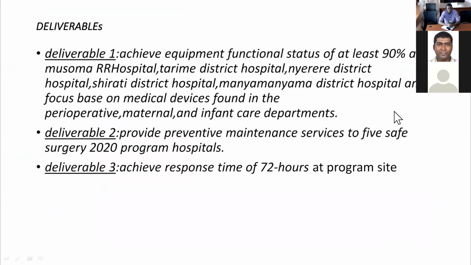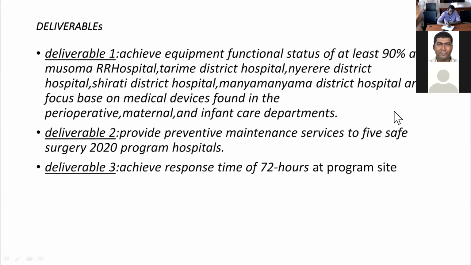The second was to provide preventive maintenance to the 5 safe surgery hospitals, which have been selected. And the third was to achieve maintenance response time of 72 hours at program site, so that when a site like Manyamanyama calls us, we reach there within 72 hours.